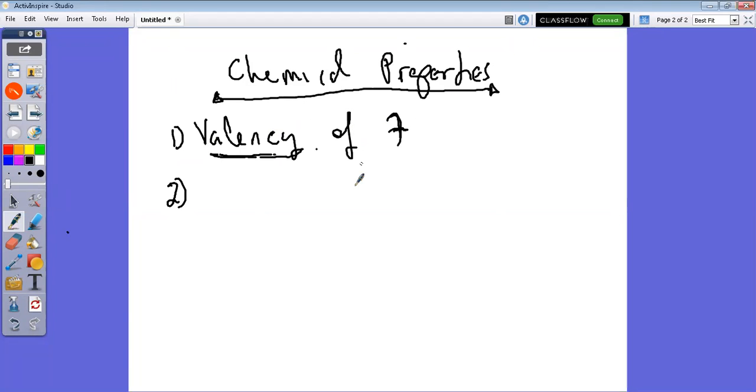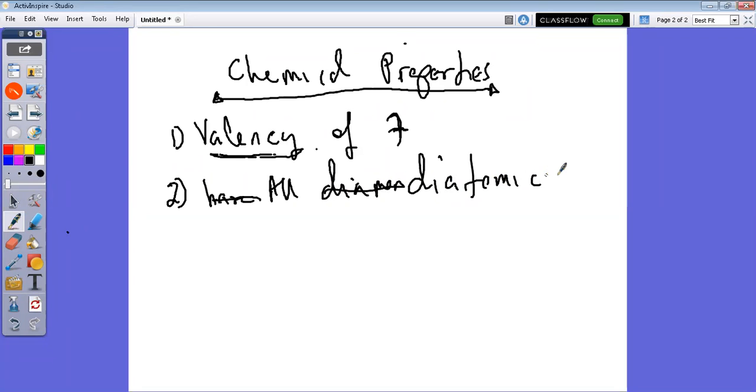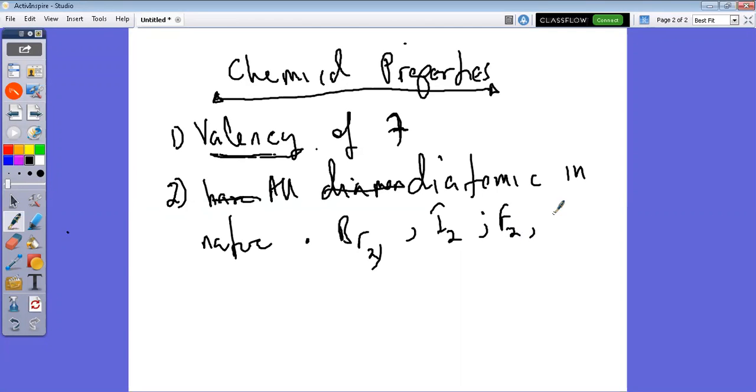That's the first one. Second one is to do with chemical properties. They are all diatomic in nature. What it simply means is you always find bromine on its own, always like this in nature. Chlorine, fluorine, and so on.